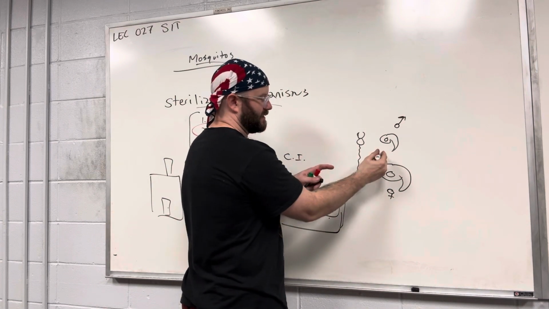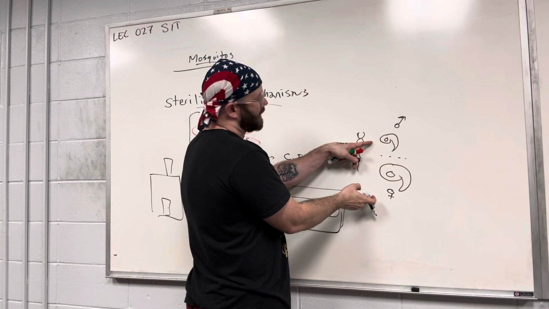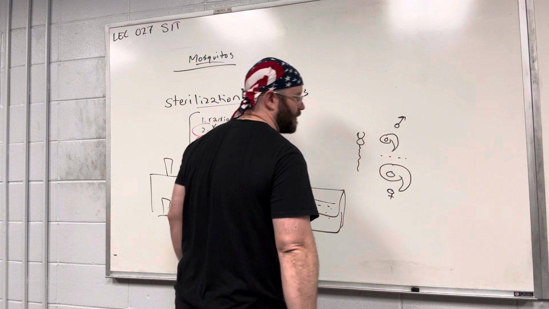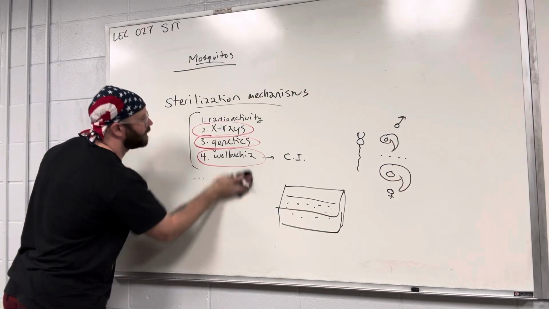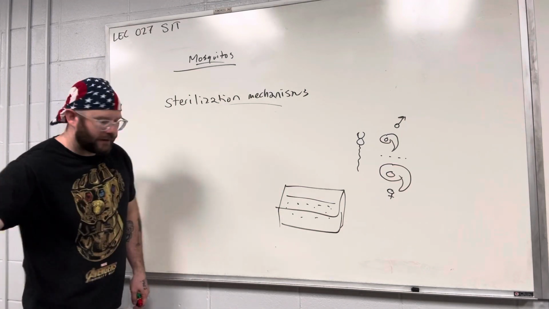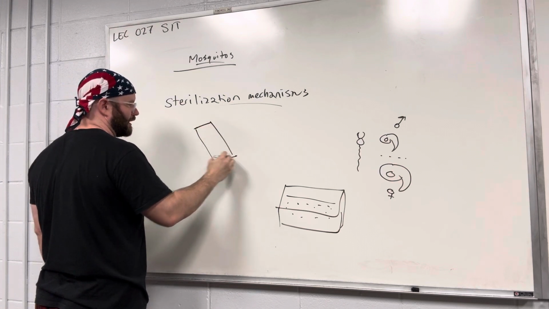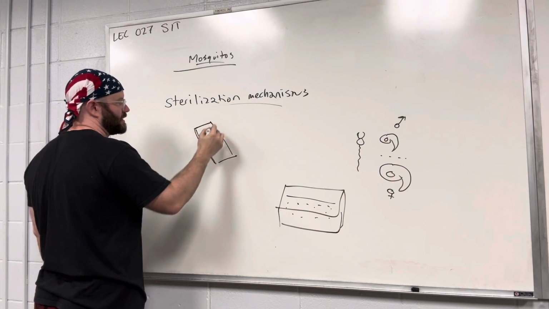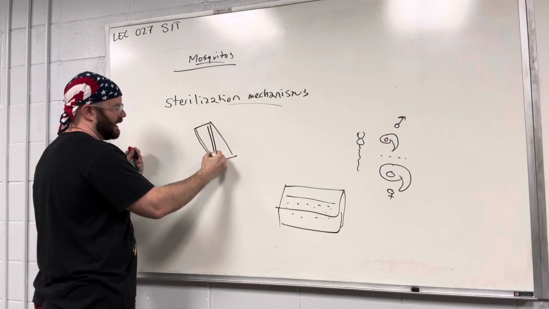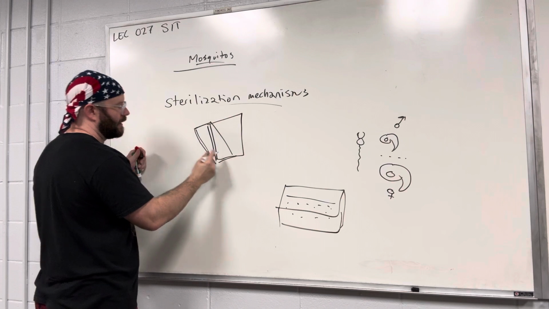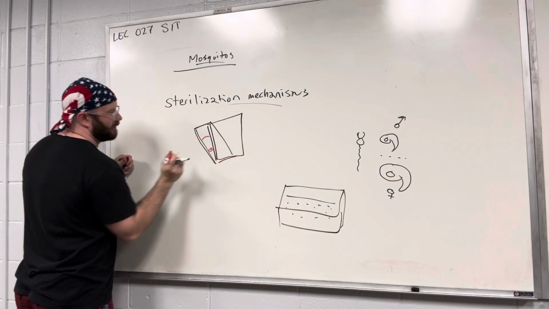They utilize this sexual dimorphism to separate out the males from the females. What they actually do is take two glass sheets. Imagine this is one thin glass sheet, and then you have another thin glass sheet, and between these glass sheets is some angle, theta.